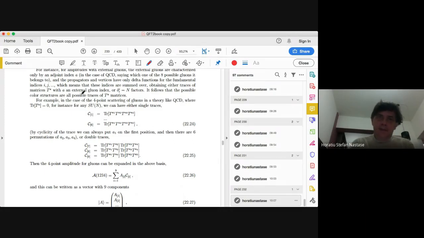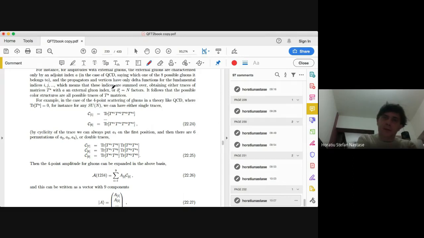The propagators and vertices have only delta functions for the fundamental indices i and j, and that means these indices i and j are summed over.